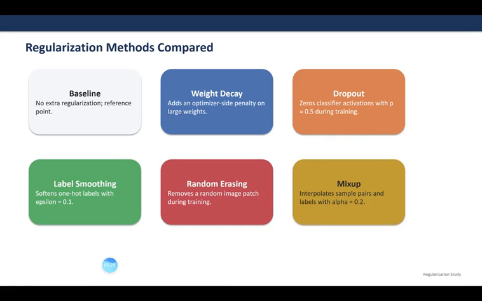Label smoothing softens the one-hot target labels, so the model is less likely to become overly confident. Random erasing removes a random patch from the training image, which acts as data augmentation. Finally, mixup blends pairs of samples and their labels, which encourages smoother decision boundaries. These methods intervene at different parts of training, so they are useful to compare side by side.